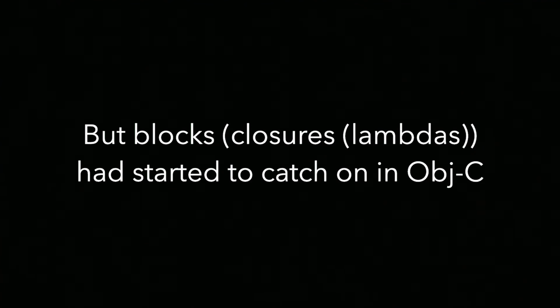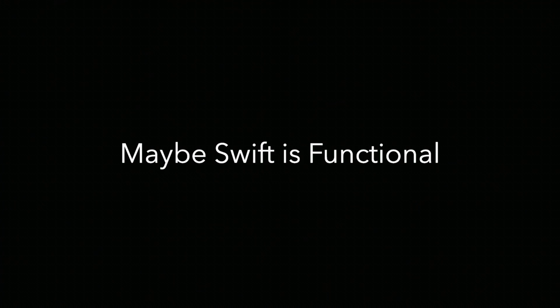But at the time, despite the awful syntax, blocks were very popular in Objective-C. Closures, lambdas in other languages, but these were blocks, and they'd started to catch on, and Swift was very friendly to closures. Like the syntax for closures in Swift, you went, oh, this is what I've been waiting for all my life. So maybe Swift is a functional language.